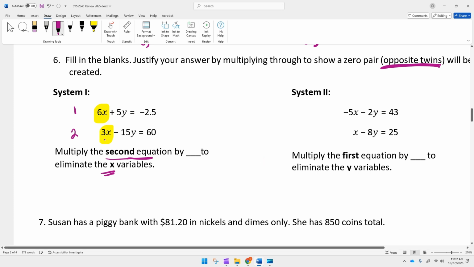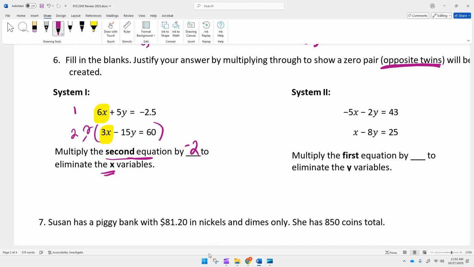So how do I turn the 3 into negative 6? What do I need to multiply that by? Negative 2. So we would multiply the whole equation by negative 2. So our answer there would be negative 2. That straightforward, that easy.